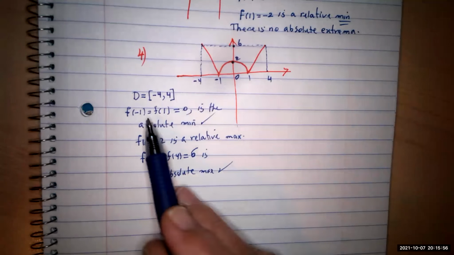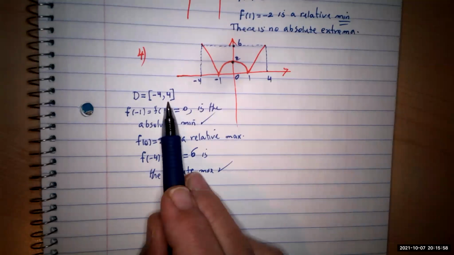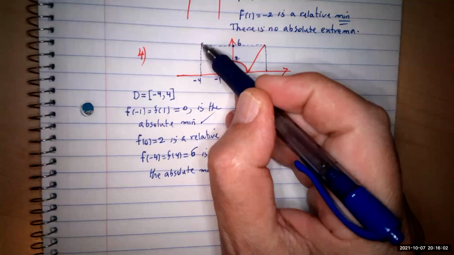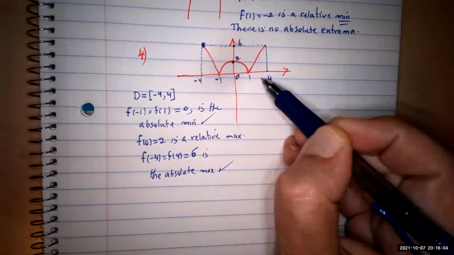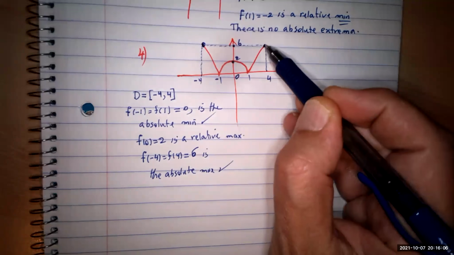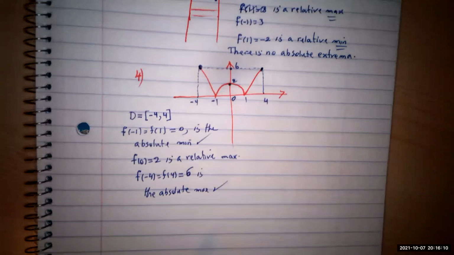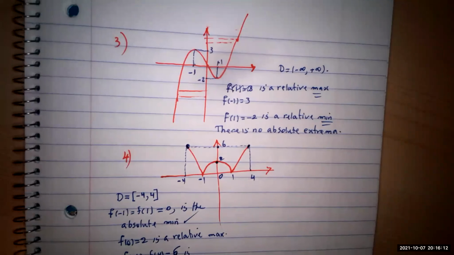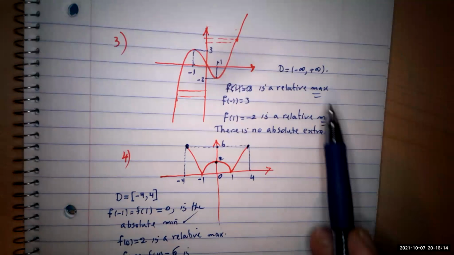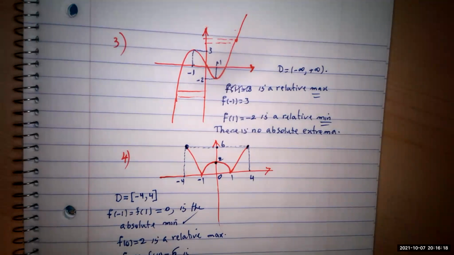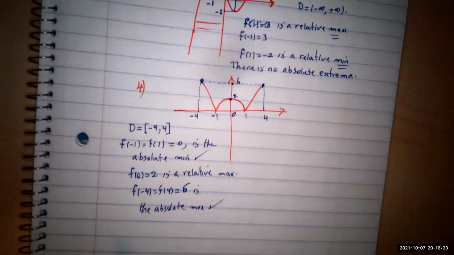This function starts from -4 to 4. So this is the starting point of your function, and this is the end point. For the other one, it was not the case, because you have negative infinity and positive infinity. So you're going up, up, up forever. There is no restriction over here for the ends. But this one is nicely restricted.